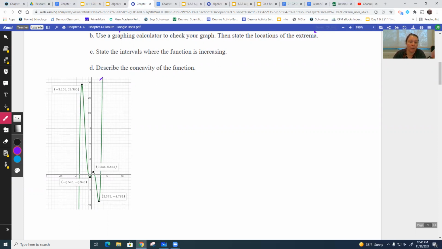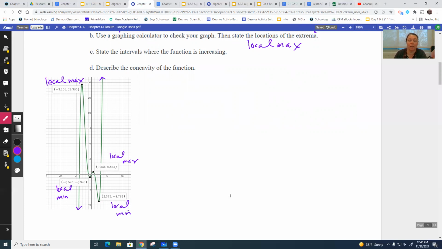It goes up and down forever, so it has no global max or min, but here we would say this is a local max. This right here would be a local minimum. This up here would be a local maximum. And then this down here would be a local minimum.